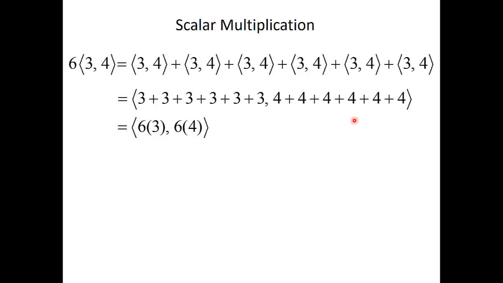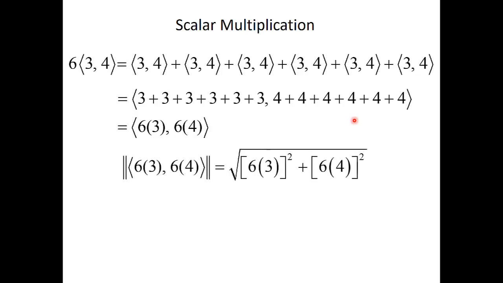Now something interesting about that is, what does that do to the magnitude of the vector? Well, let's check out the magnitude. If we take the magnitude of that vector, we're going to get the square root of the first component squared plus the second component squared.